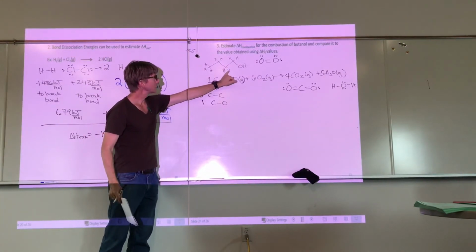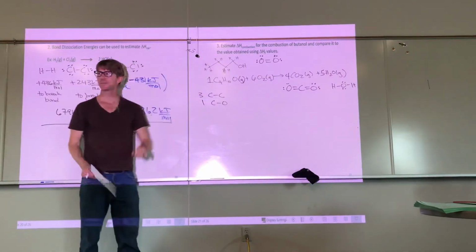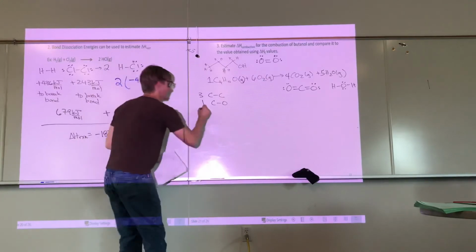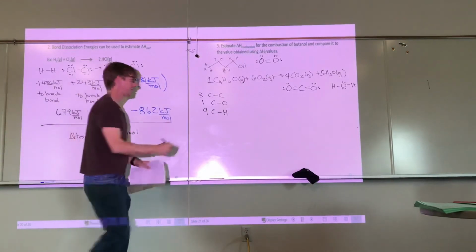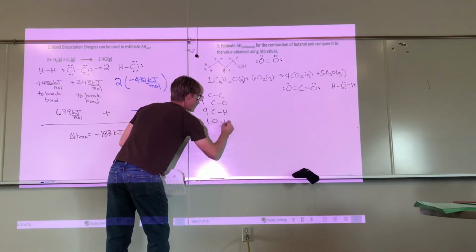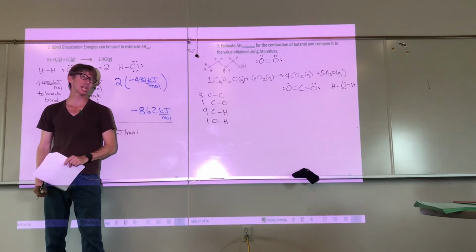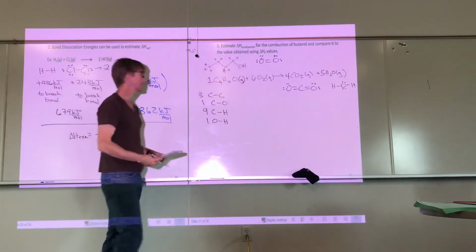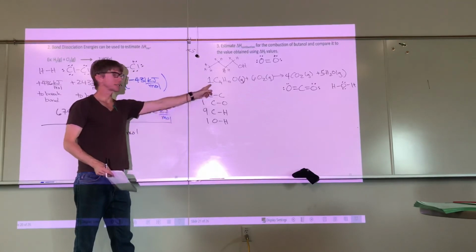I have 1, 2, 3, 4, 5, 6, 7, 8, 9 carbon-hydrogen single bonds, and 1 oxygen-hydrogen single. This is the level of detail for this problem. And these numbers are all times 1 because the coefficient is 1.